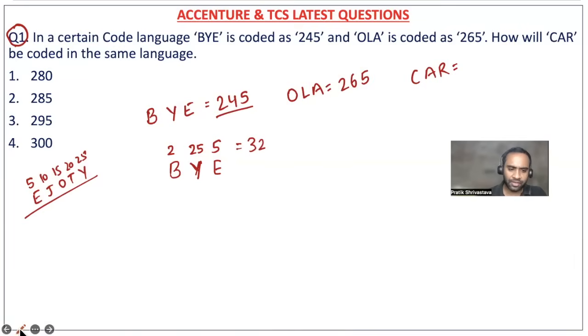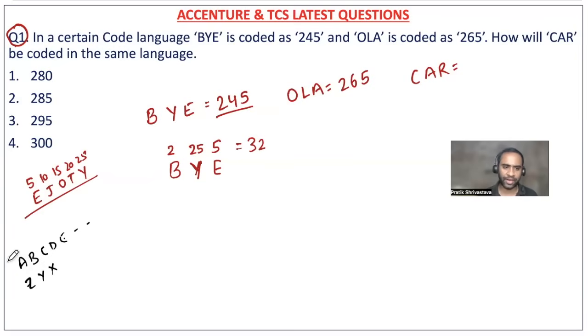Now friends, we also need to know the opposite alphabetical position of a letter. You have A, B, C, D, E, F, so the opposite of A will be Z, the opposite of B will be Y, the opposite of C will be X. I have also told you about opposite letters in the course.